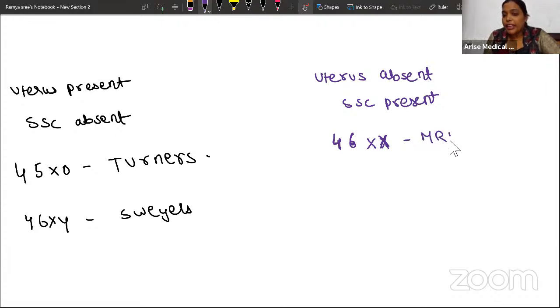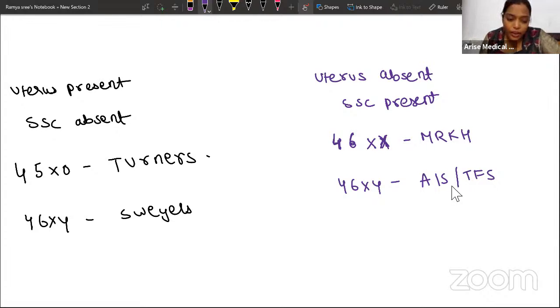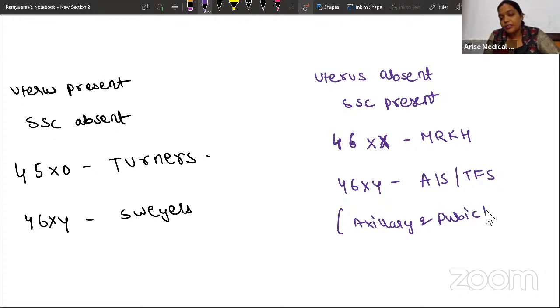If it is 46XX, it is MRKH. And if it is 46XY, it is AIS or testicular feminization syndrome. AIS is an androgen receptor defect. So axillary and pubic hair will be absent.